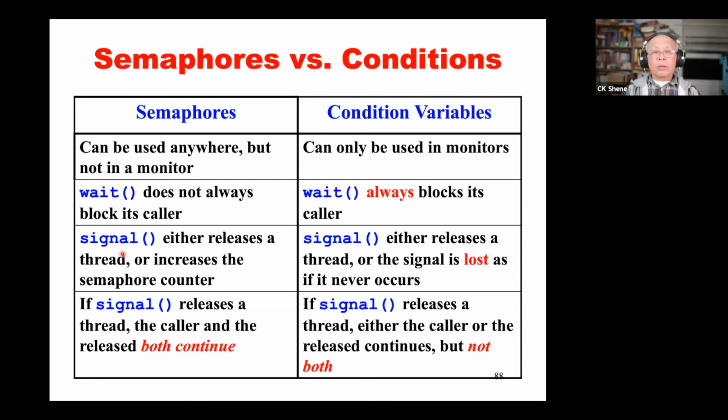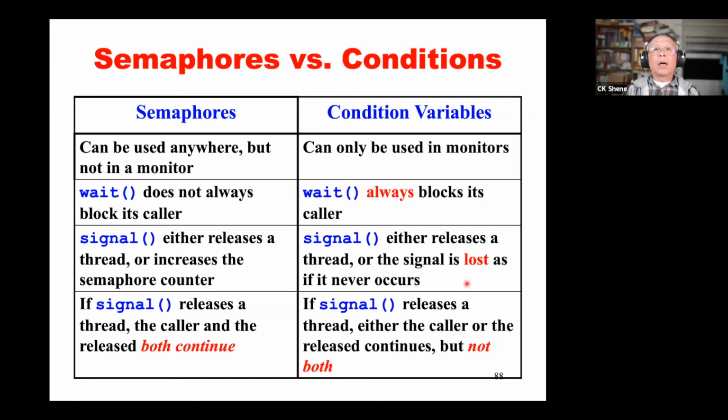If the new counter value is less than or equal to 0, a thread is released. Now, for a condition variable, a signal either releases a thread or the signal is lost as if it never occurred. The reason for this is that a condition variable is memoryless.